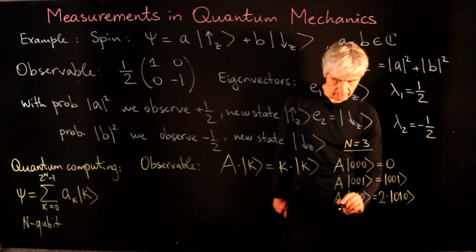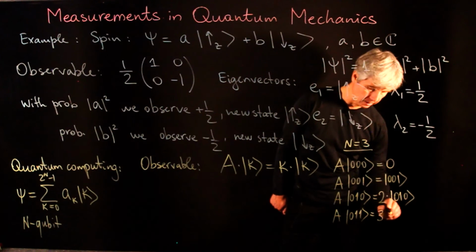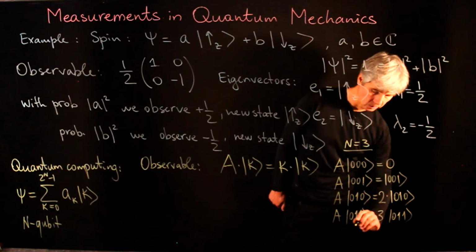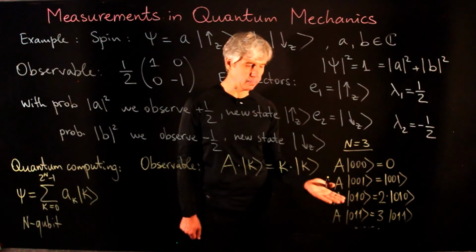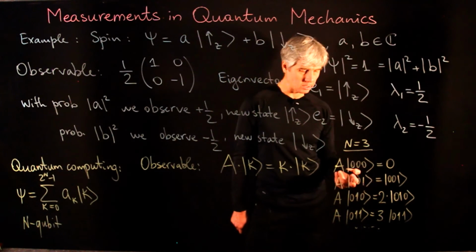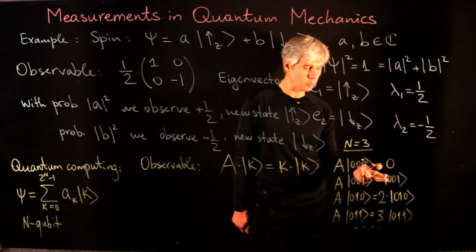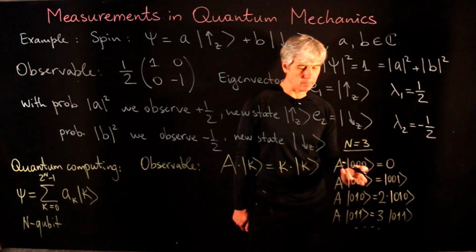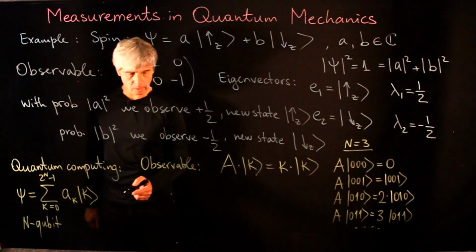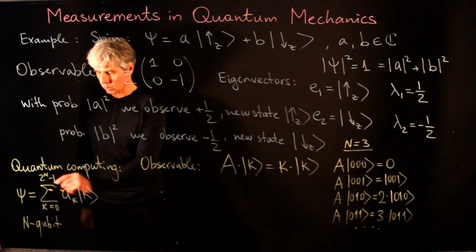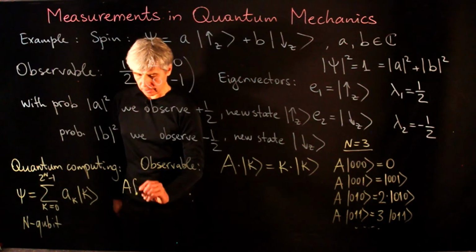Then A acting on 0, 1, 1 is equal to 3 times 0, 1, 1, and so on. So this is the observable that we need in quantum computing. It just takes the basis vector and outputs the same basis vector multiplied by the integer that sits in this basis vector, right?